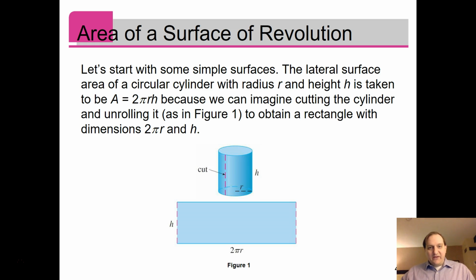If we imagine cutting the cylinder, or peeling the label off the soup can, the height of that rectangle is the height of the cylinder, and the width is the same as the circumference of the base. If the base has radius r, then the circumference is 2 pi r. So the lateral surface area is 2 pi r times h, or 2 pi rh.